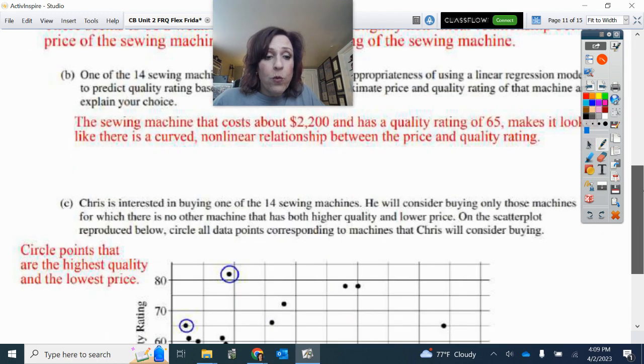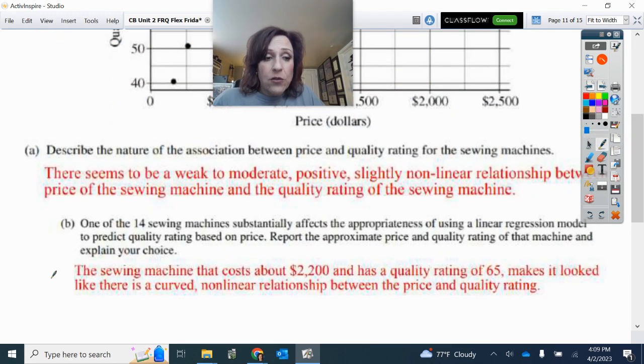Next, we were asked about one of the particular sewing machines, and it has a substantial effect on the appropriateness of a linear regression. That also hints as to why you should have been using nonlinear up here in part A. The question says, report the approximate price and quality rating of that machine and explain your choice.